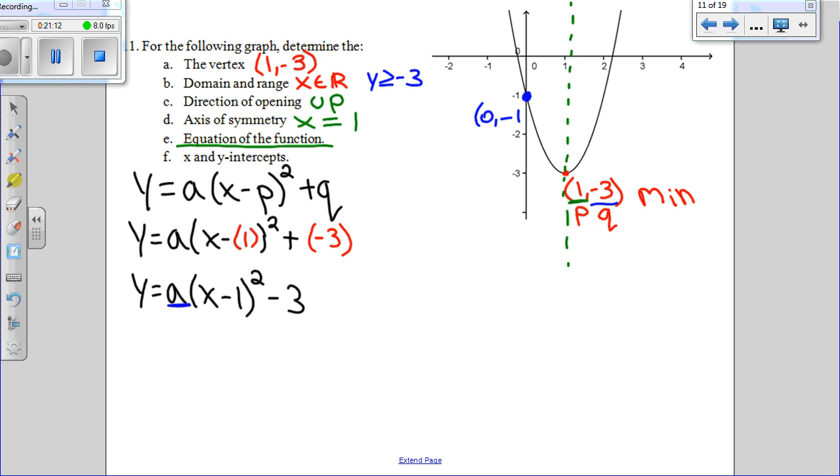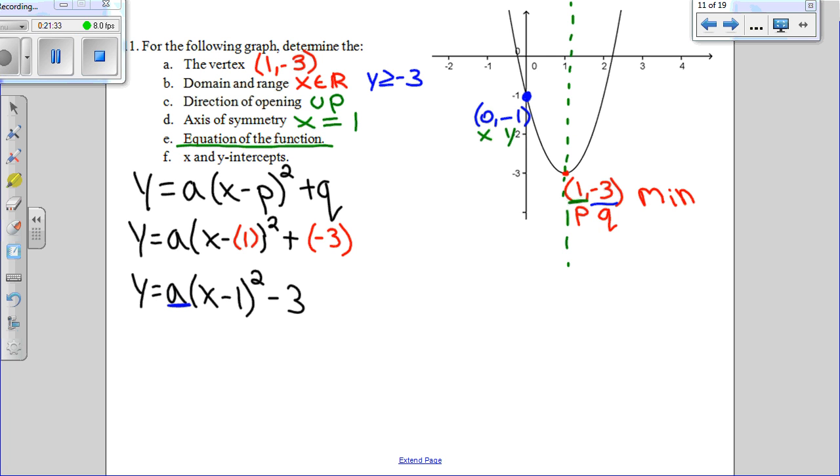What they're doing by giving you a second point is they're giving you an X and a Y value to substitute into your equation. And that'll allow you to have one equation with one variable, which is A. Which means then you can solve what A must be.